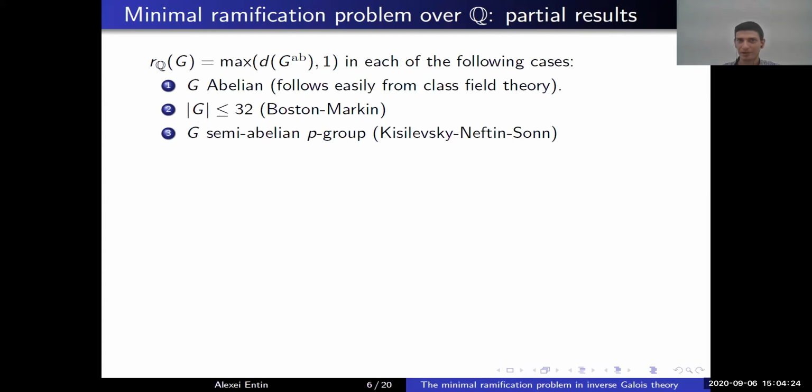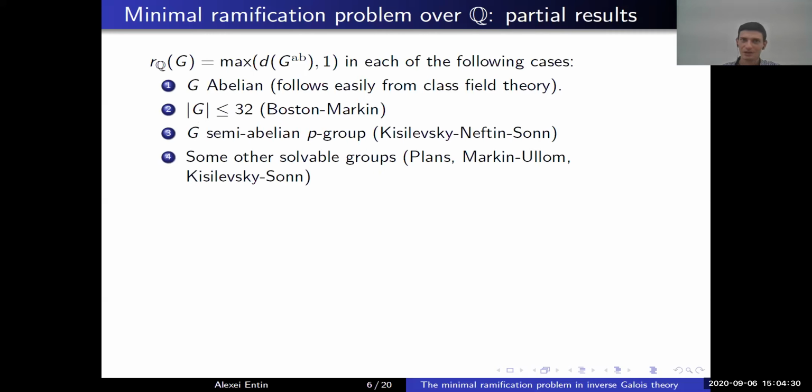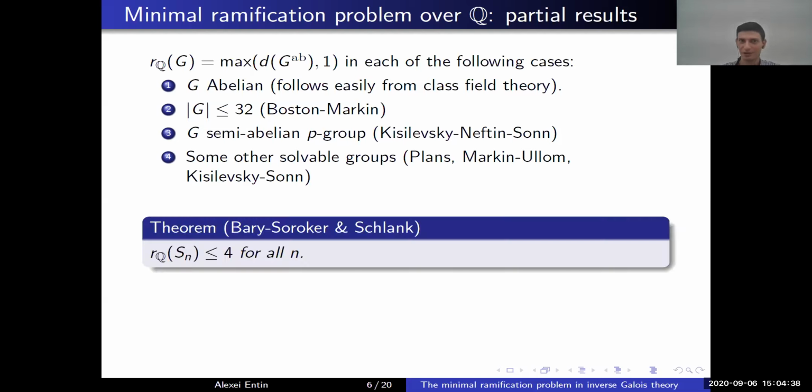G semi-abelian p-group was worked out by Kisilevsky, Neftin, and Sonn. Some other solvable groups were worked out by Plans, Markin, Ulam, and Kisilevsky, Sonn, but far from all solvable cases. So the general solvable case is still wide open.